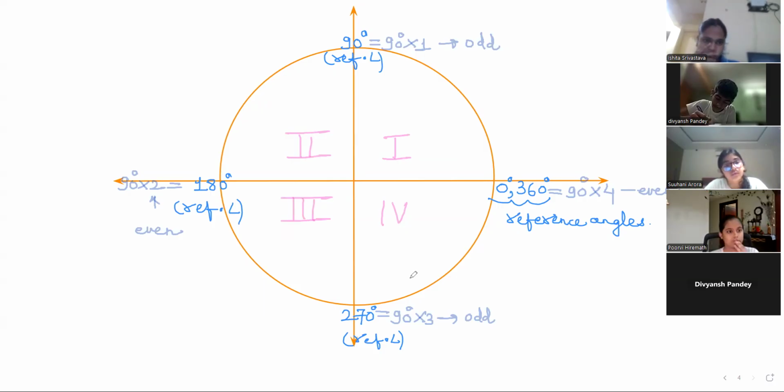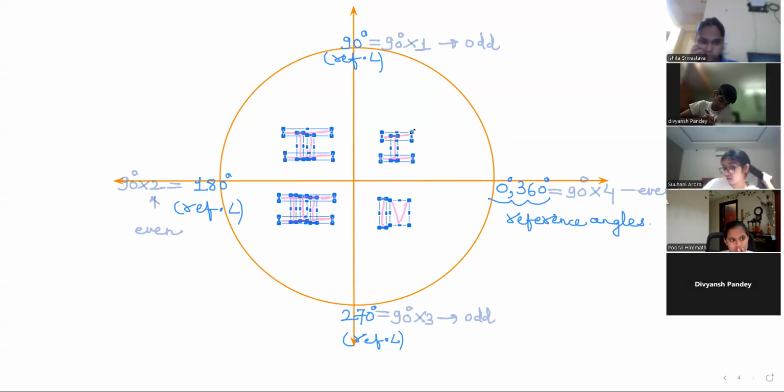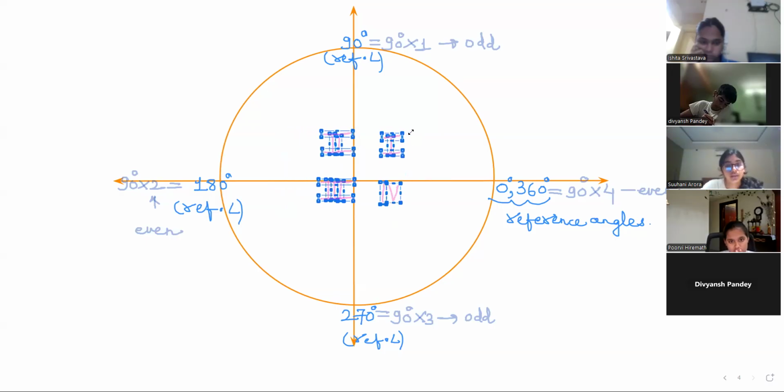So, question for Suhani. Suhani, first quadrant reference angles are? So 0 and 90. Very good. 0 and 90 are the reference angles for the first quadrant, right? All of you agree to this or not?